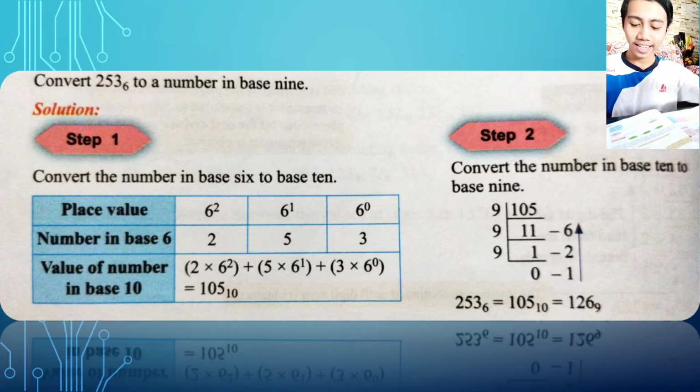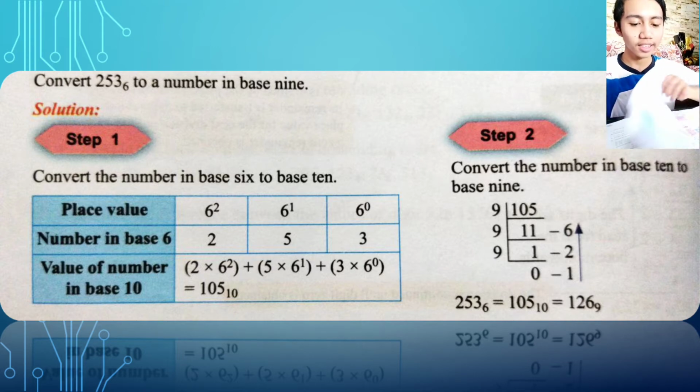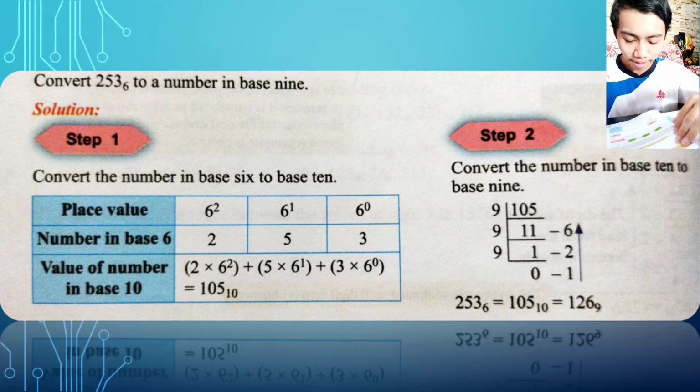Okay, so previously we get to know about numerical value, right? So it is actually numerical value from the previous slide. So now we are learning on convert number from one base to another base. So this is what I meant before.